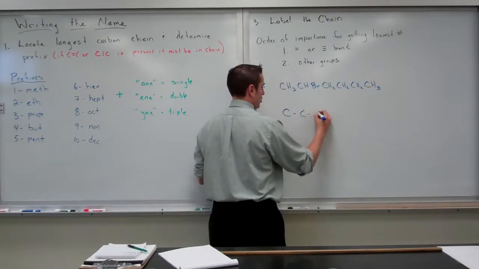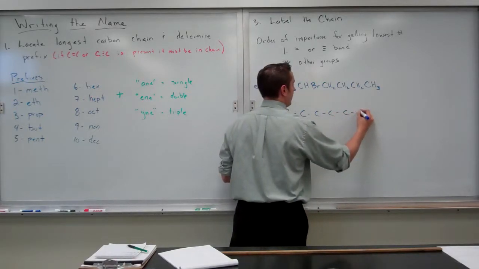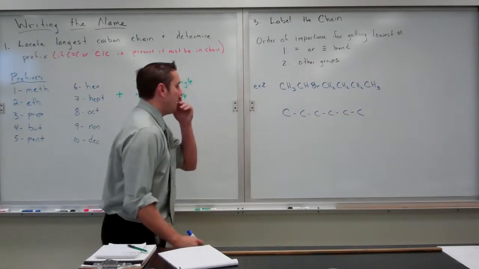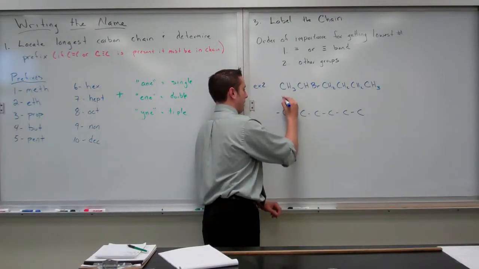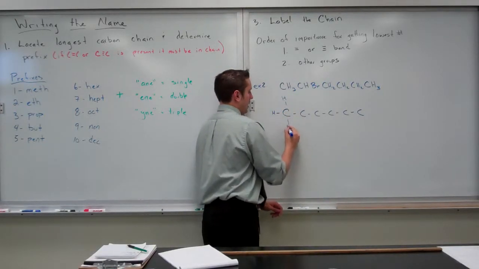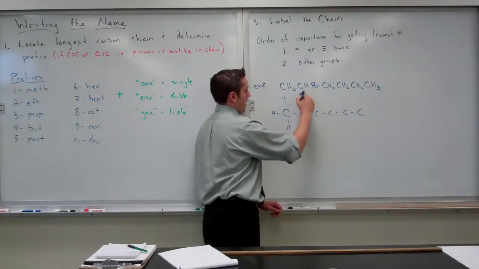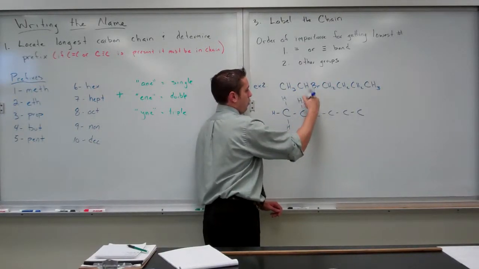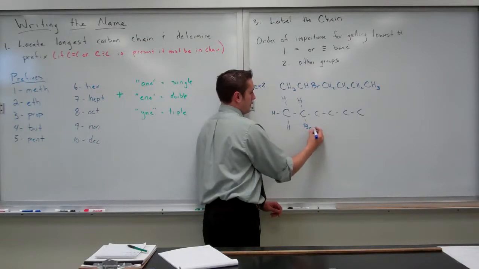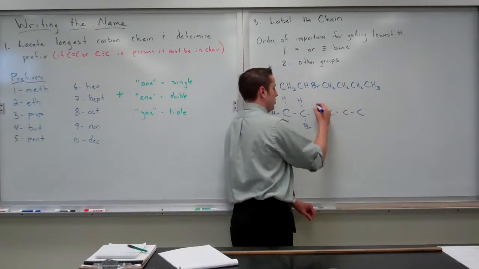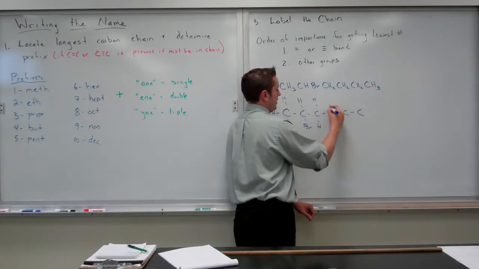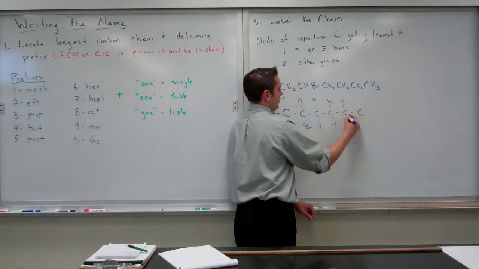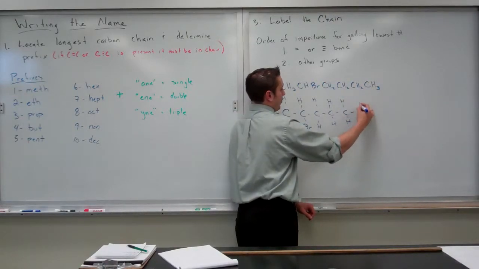Off the first carbon, I see 3 hydrogens. Off the second carbon, I see 1 hydrogen and 1 bromine. Off the third carbon, 2 hydrogens. Off the next carbon, 2 hydrogens, 2 hydrogens, and 3 hydrogens.